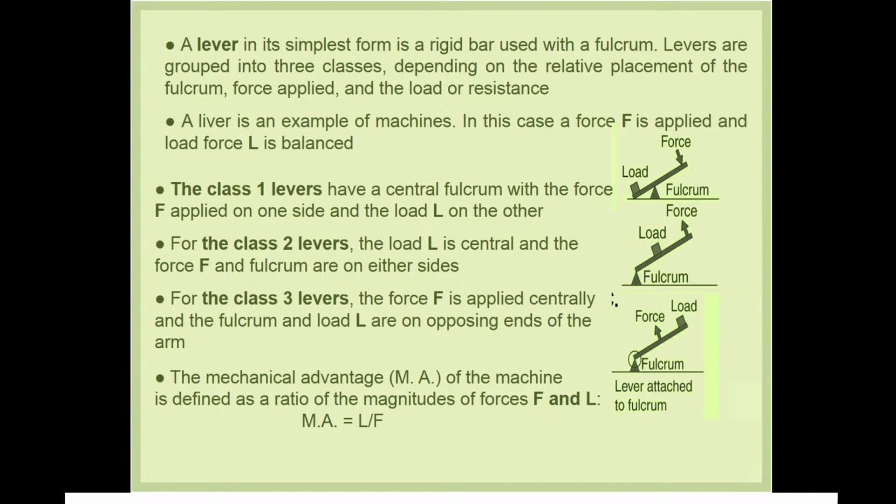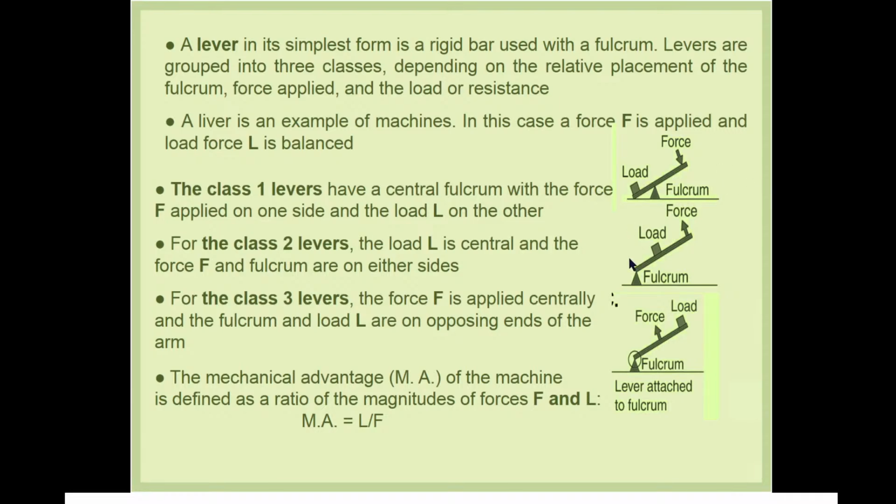The class 1 levers have a central fulcrum with a force F applied on one side and the load on the other. The first class lever. For the class 2 levers, the load is central and the force F and fulcrum are on other sides.